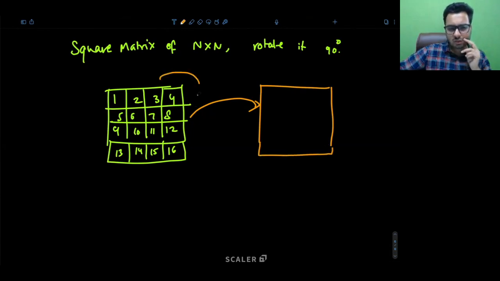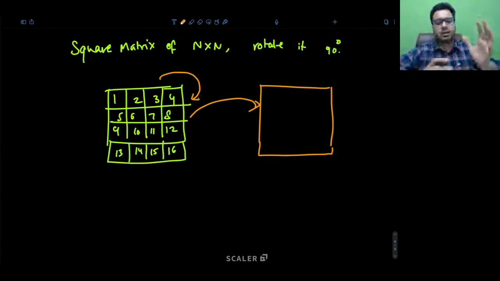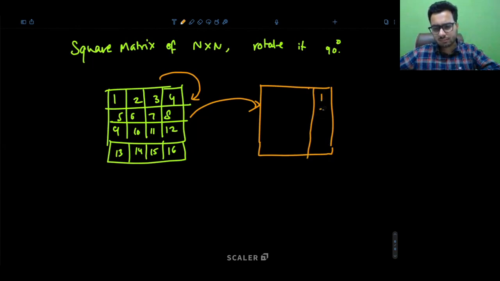See, if you just rotate it by 90 degrees, what will happen? This row 1, 2, 3, 4 will get converted into a column. Yes or no? If you flip it by 90 degrees, this is where it will be, right?